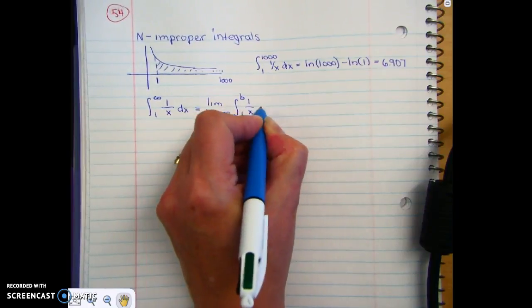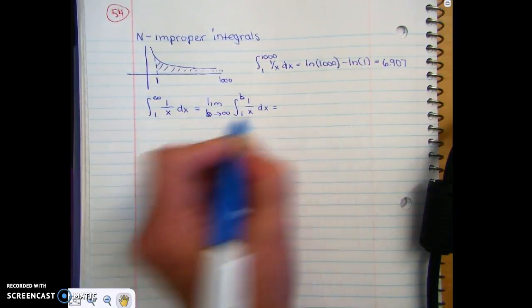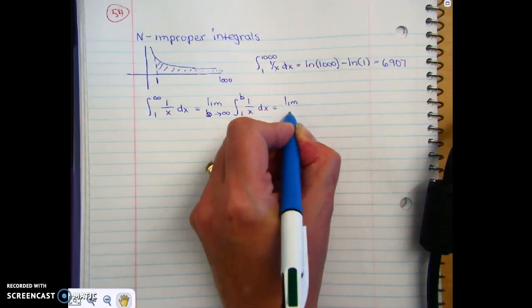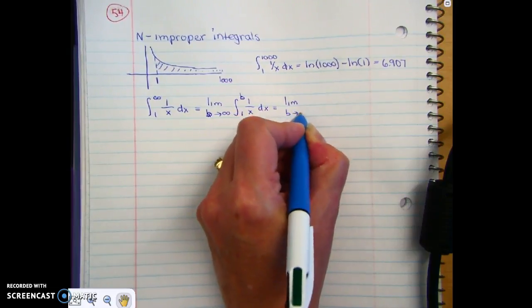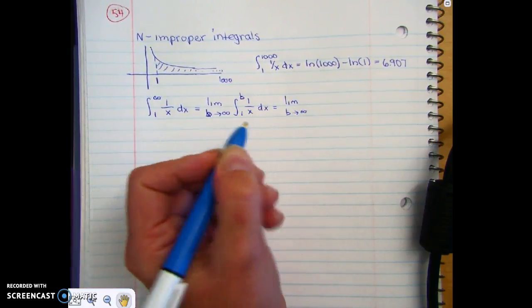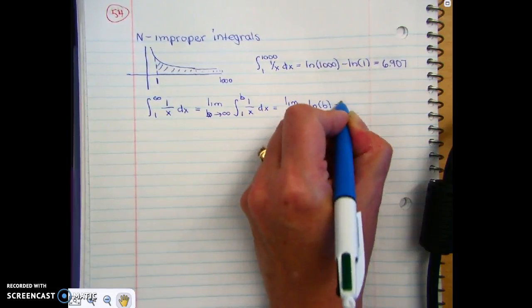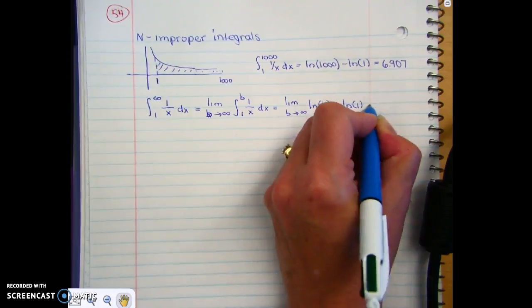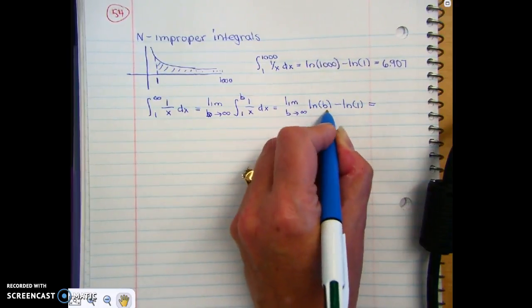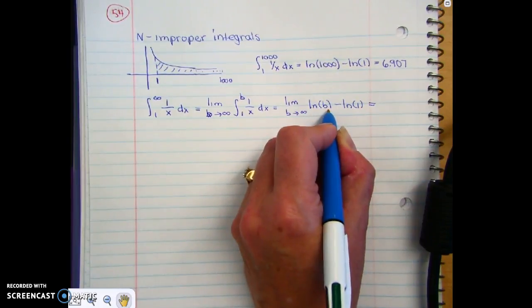And then we'll just evaluate this limit. We were just kind of evaluating it numerically, and we thought it was going to approach infinity. So ln of b minus ln of 1. And yeah, this is infinite because, as Greg said, this function doesn't have a horizontal asymptote and it's always increasing.